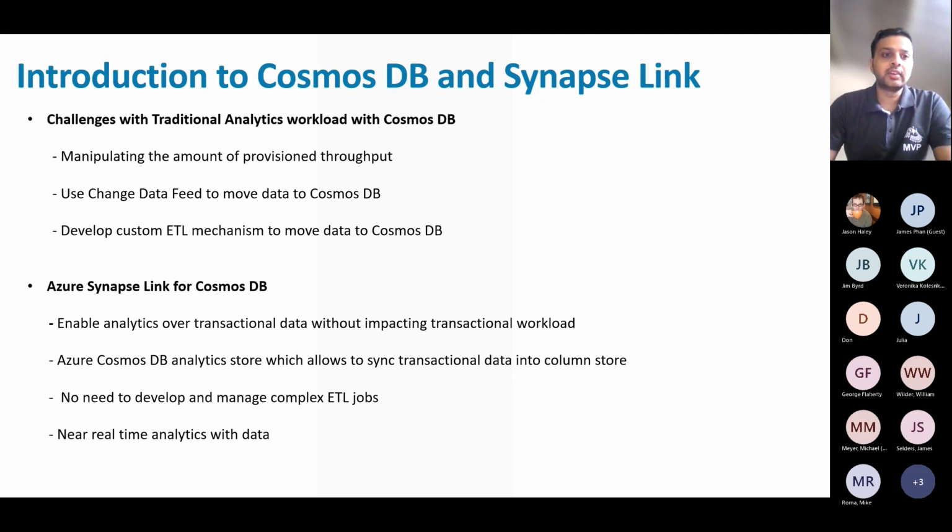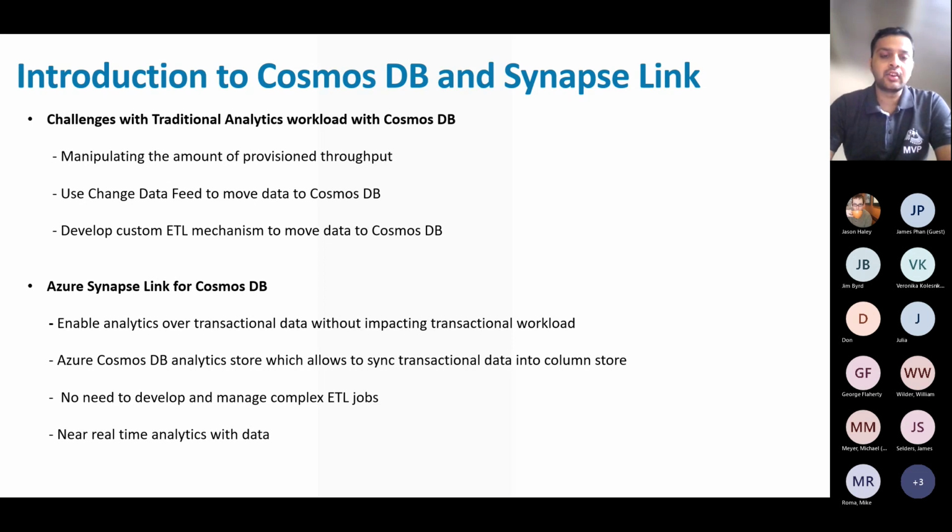So, first of all, there are a couple of challenges when we talk about traditional analytics workload with Cosmos DB, which is one of the offerings of Microsoft. The first challenge is manipulating the amount of provisioned throughput. In Cosmos DB, we basically have two kinds of throughput we can choose. We can manually provision the request units for the processing, or we can enable auto scale.